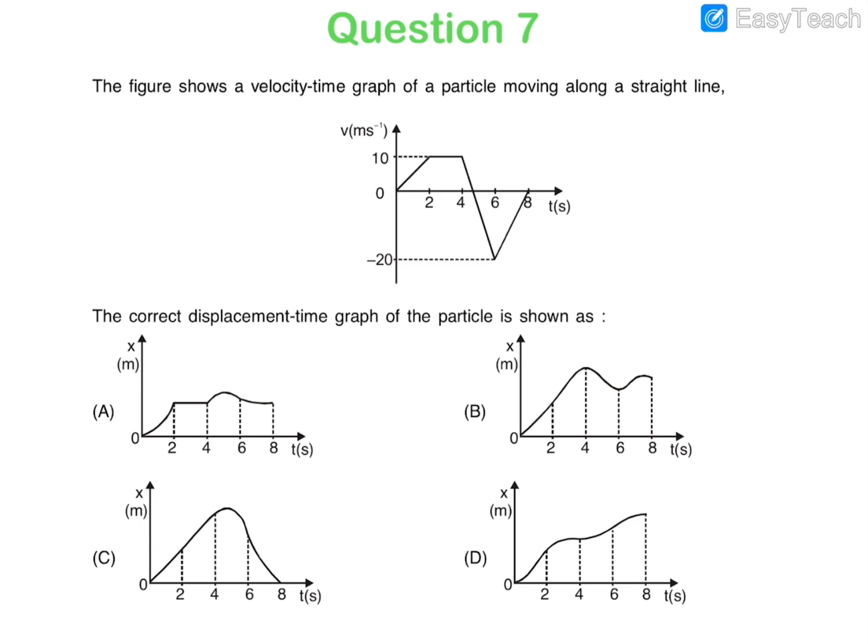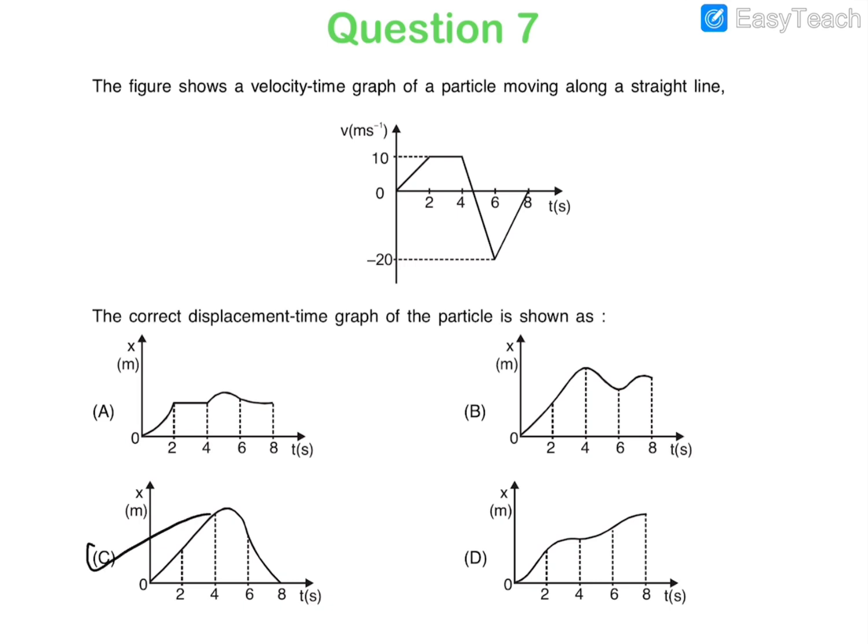And from 4 to 6, this VT graph is a straight line going in the downward direction, and therefore we can say that from 4 to this point, the displacement will increase, and from this point the displacement will start to decrease. So obviously there would be a parabola opening in the downward direction. So we can say that the correct answer would be C.